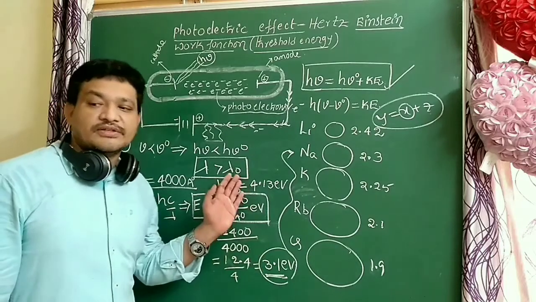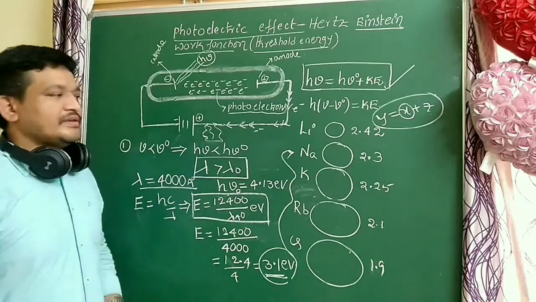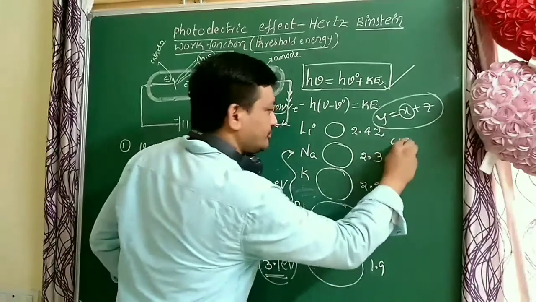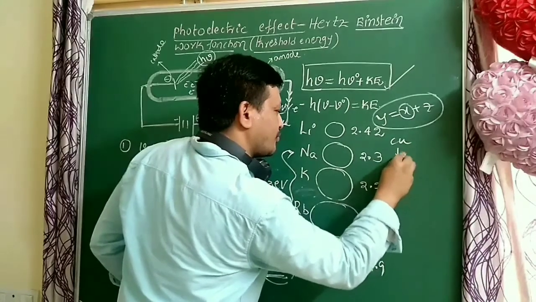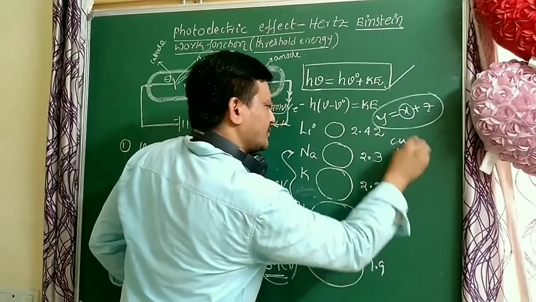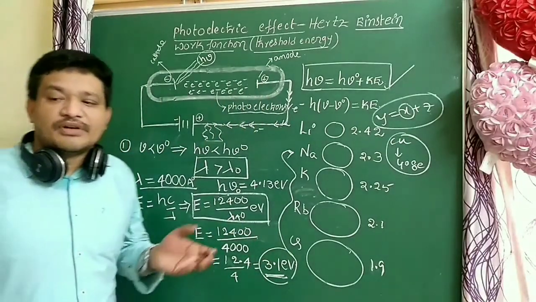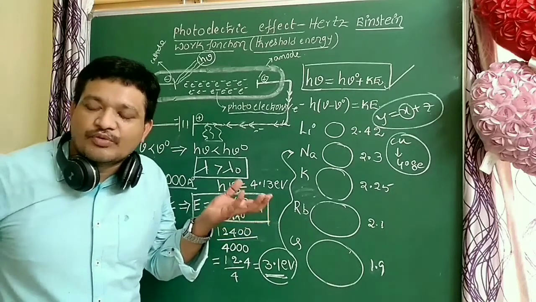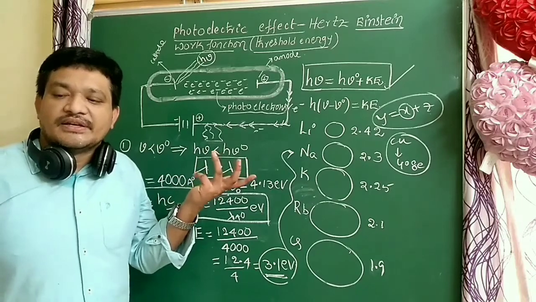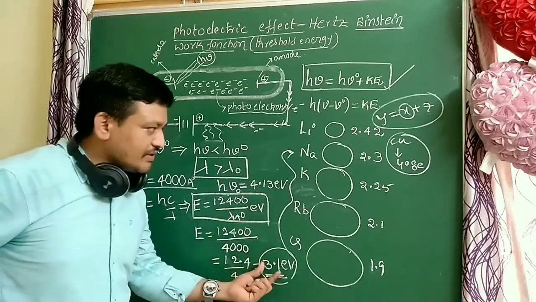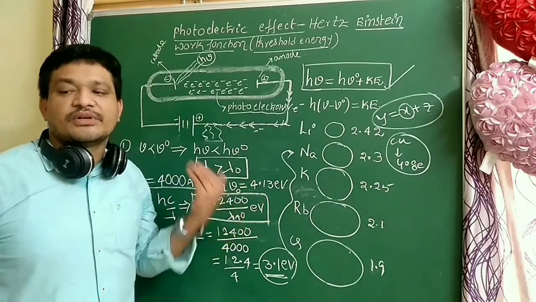Is it clear, students? For this metal, no release. For example, copper. Copper's threshold energy is approximately 4.8 electron volts. This light energy is not sufficient to release the electrons.